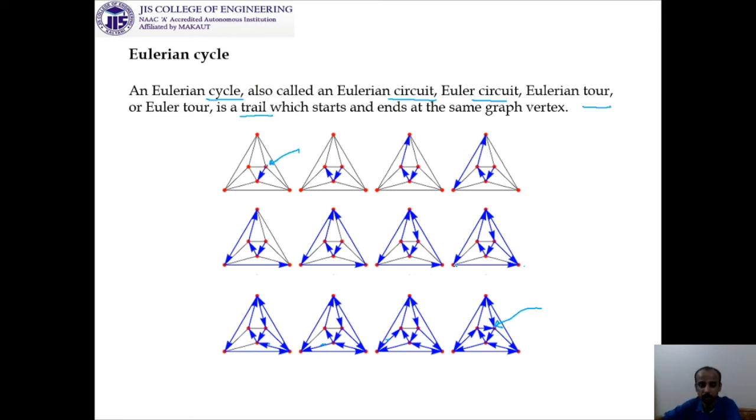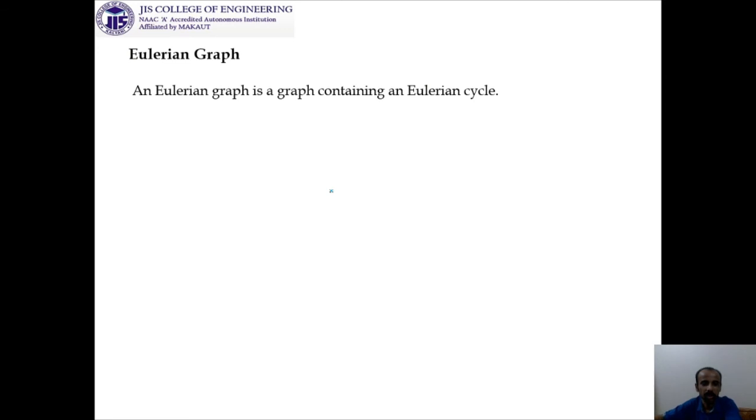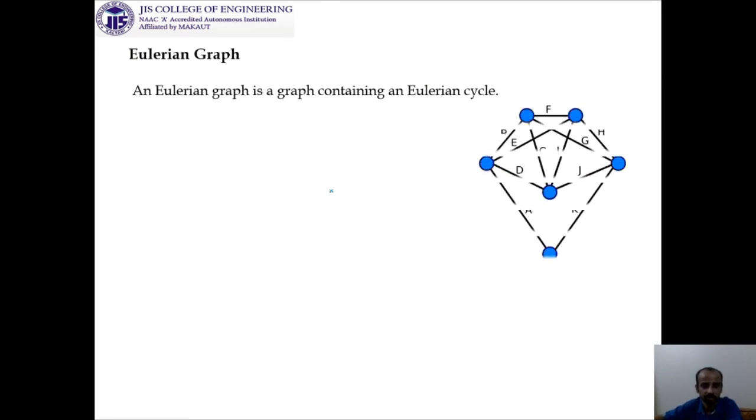So this particular property makes some graphs different from other graphs. So what is the name of them? They are called Eulerian graphs. So let us check. An Eulerian graph is a graph containing an Eulerian cycle. So let us check this one.